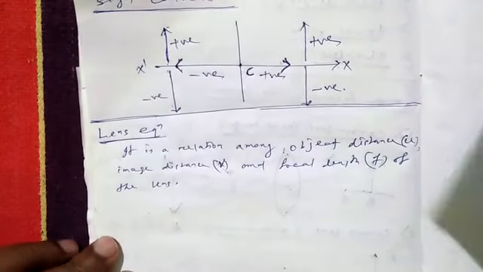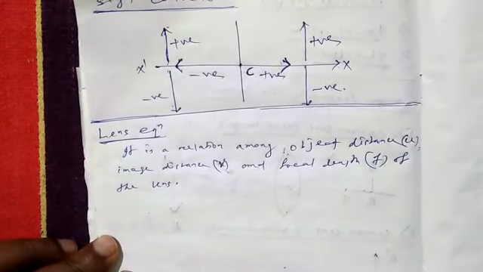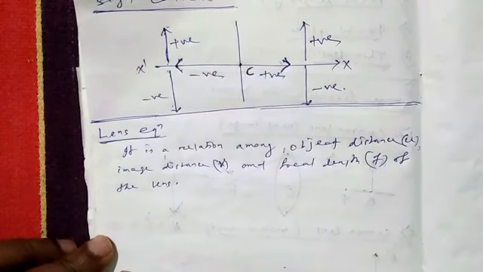So what is the lens equation? It is a relation among object distance u, image distance v, and focal length of the lens.